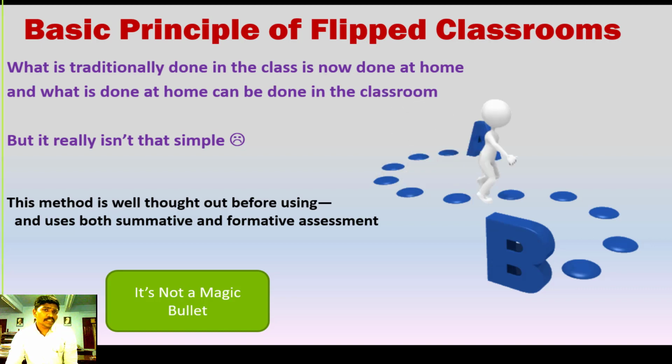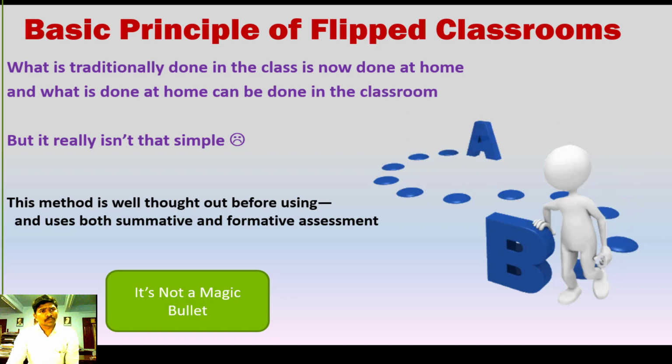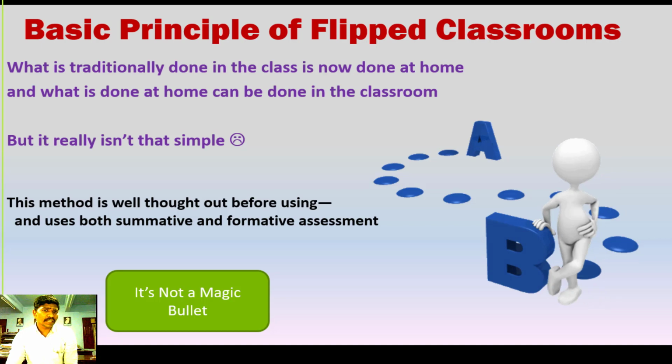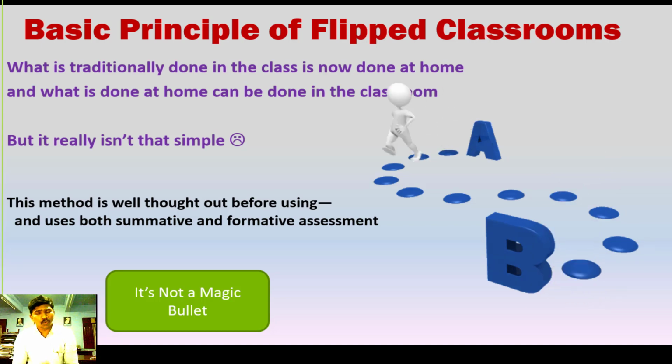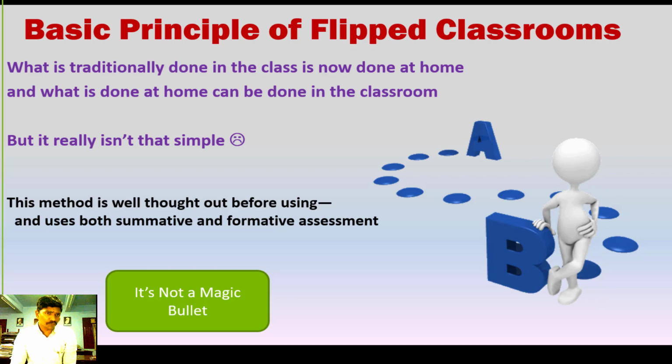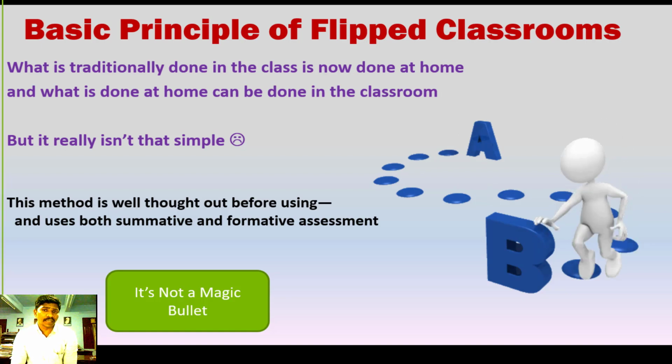So what is the basic principle of the flipped classroom? What the traditional classroom does is now done at home, and what was done at home can be done in the classroom. It seems tough. It's not really simple, because the teacher has to put in more work and effort to make the home an institution or a learning area.